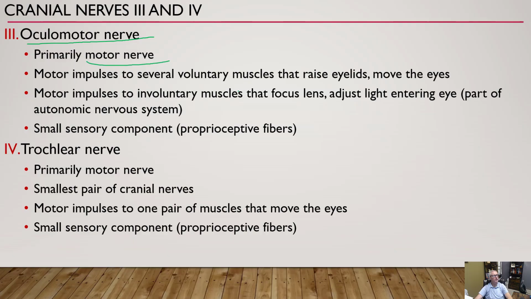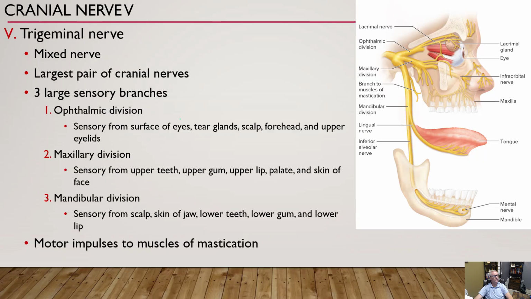It's primarily motor, moving your eyelids. Cranial nerve number 4, trochlear nerve. It's a motor nerve. Helps move the eyes. Cranial nerve number 5, that's your trigeminal nerve. It's a mixed nerve, containing both sensory and motor components.